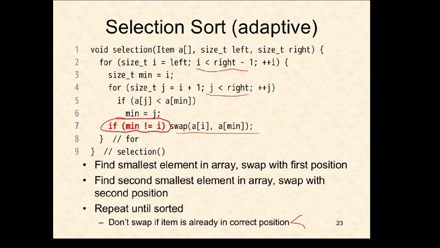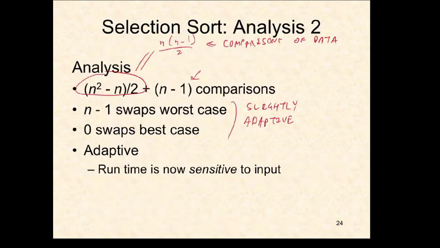We've left them out. This one I added in. This is the extra if i is not equal to min. These are the extra comparisons that were added in to save us swaps. So like I said, normally we don't count comparisons on indices. Here I added them in because we specifically added these extra comparisons of indices in to reduce the number of swaps. So it is slightly adaptive now.